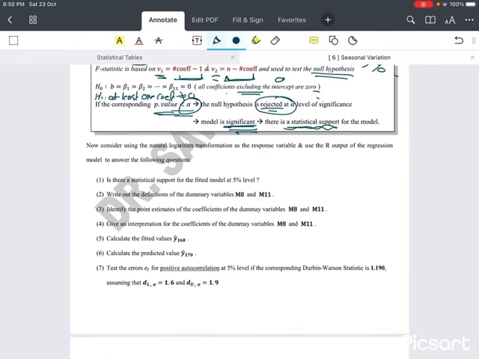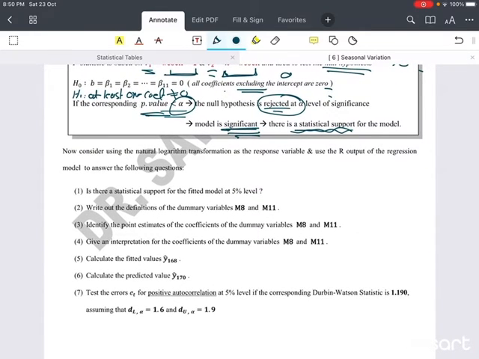So we will go now to solve the exercise questions. Now consider using the natural logarithm transformation as the response variable and use the R output or any other output of the regression model to answer the following questions.